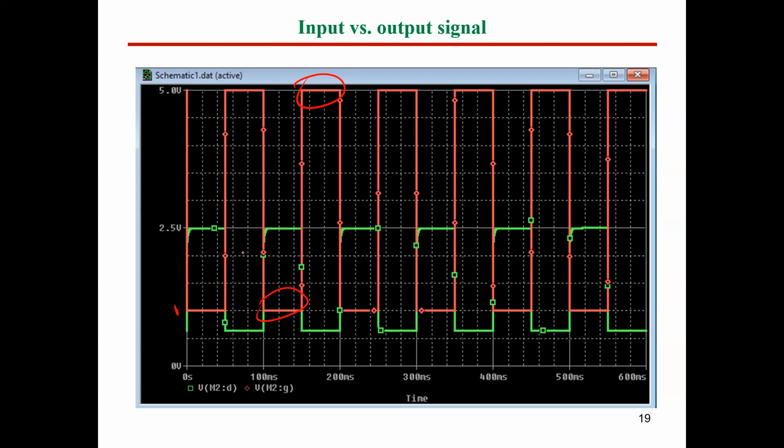So the active high became active low, and the active low, 1 volt, became around 2.5 volt. So it became active high. So this is completely right. This is considered an inverter. So when we apply active high, it would be converted to active low, and when we apply active low, it would be converted to active high.